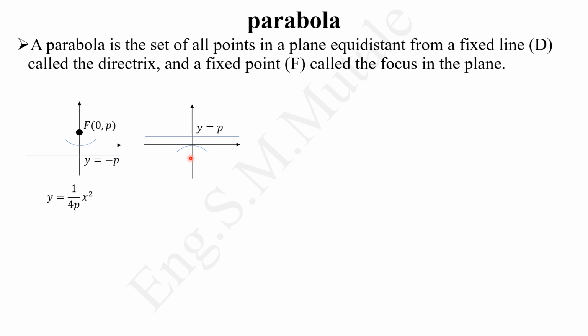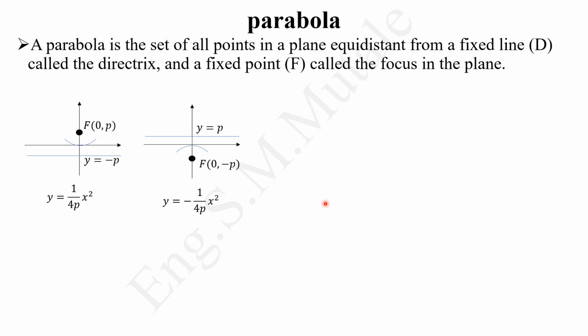But the focus, because on the y-axis the value for x is 0, is (0, -p). The value for p here will be negative because it's in the negative y. And the equation of that parabola will be y equals negative 1 over 4p times x squared. Why negative? Because we are on the y-axis but on the negative side.